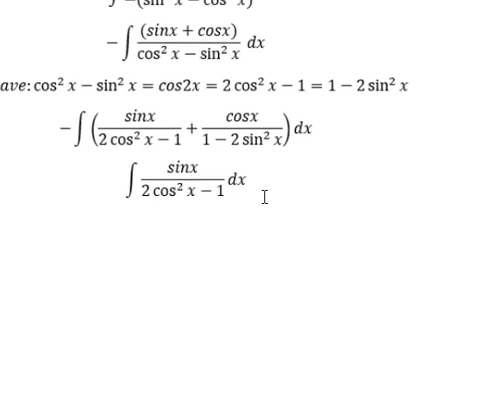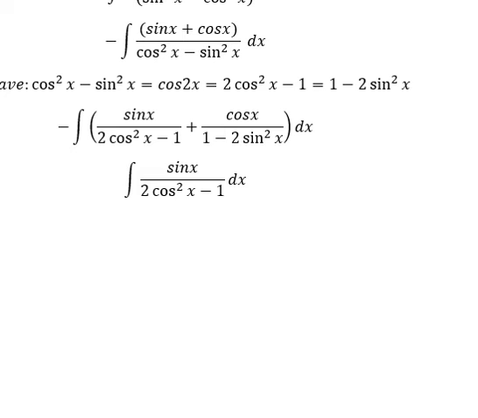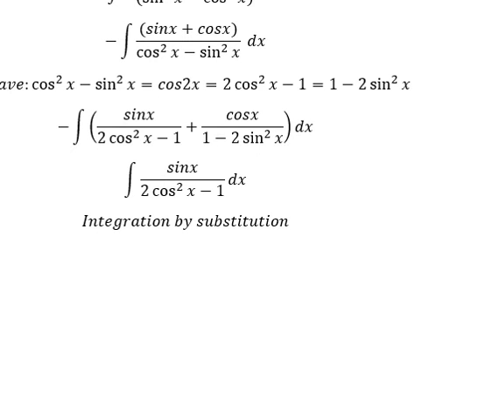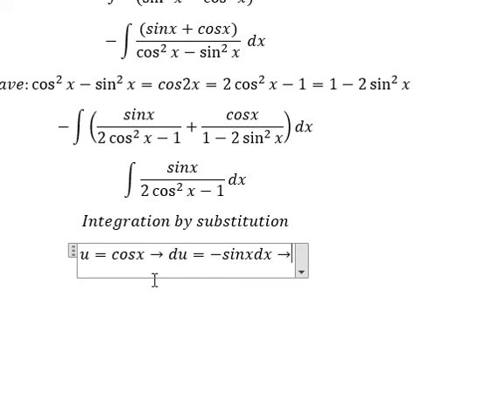So we can use integration by substitution. So I will put u equals to cosine x. Later that we need to do first the derivative for both sides, and we have negative sin x dx.